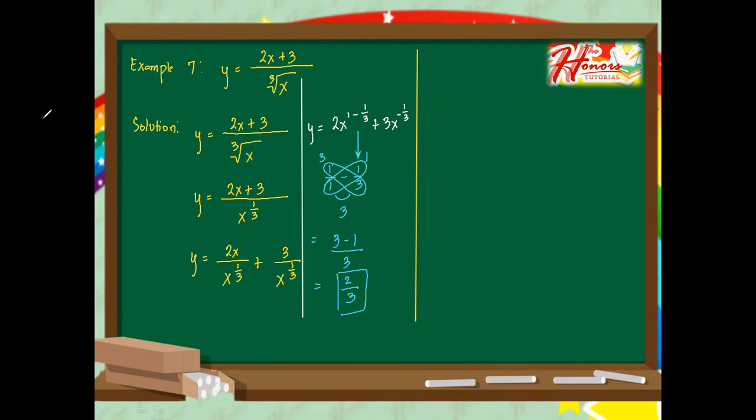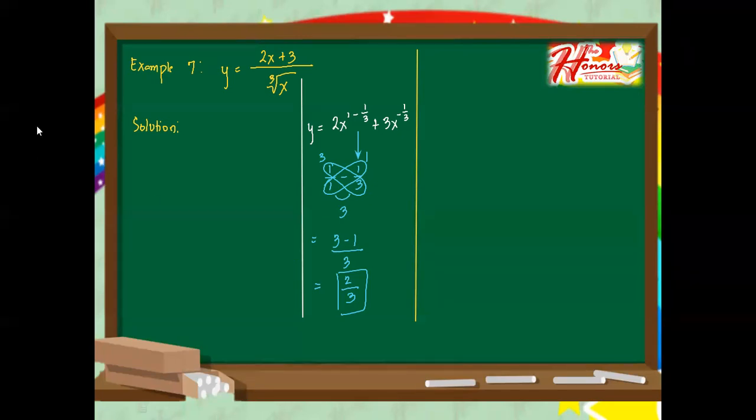Next, let me just erase this part for us to have some space in solving. So y now is equal to 2x raised to 2 over 3 plus 3x raised to negative 1/3.